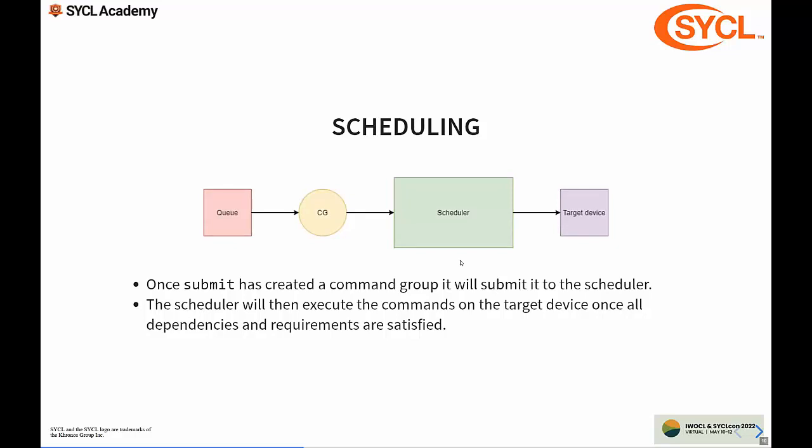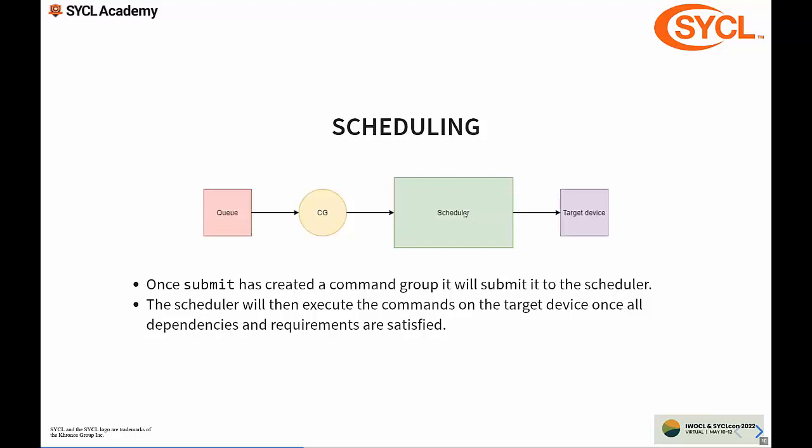So as I said, the scheduling is happening under the hood. Once we submit a command group, it is submitted to the scheduler, and the scheduler then executes the command group on the target device, but it cares about dependencies and some requirements, right?